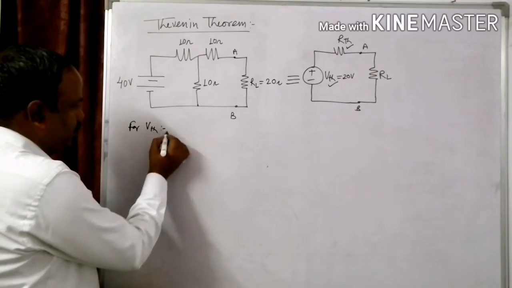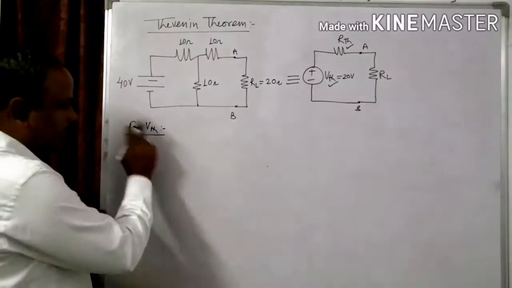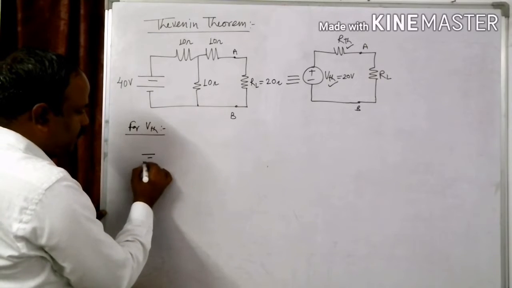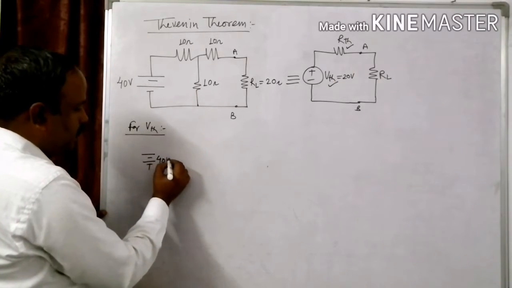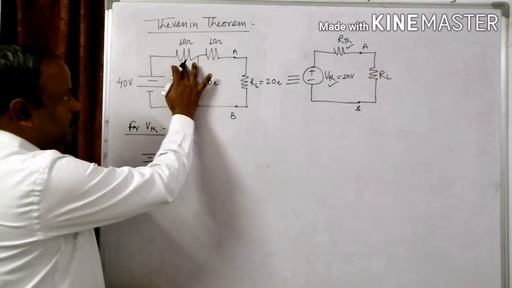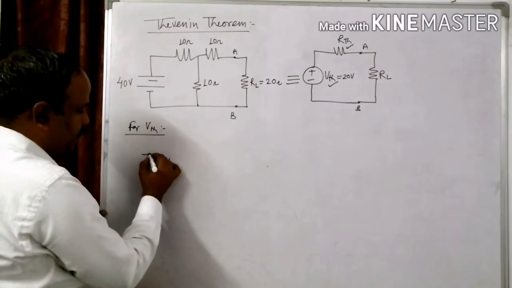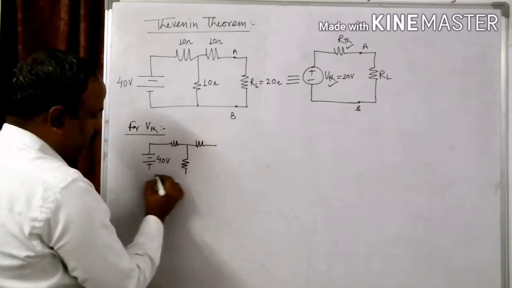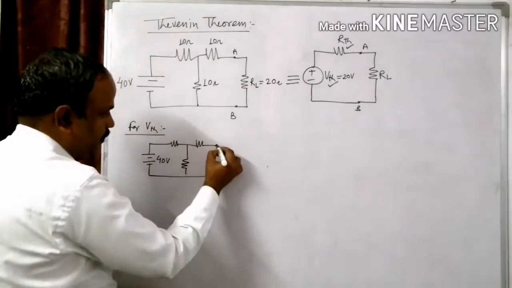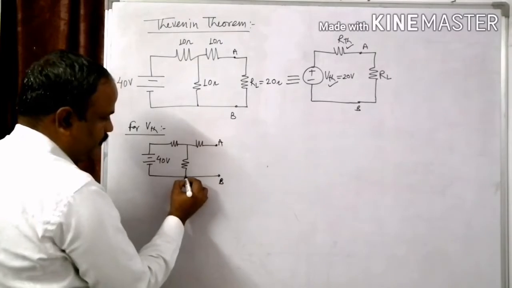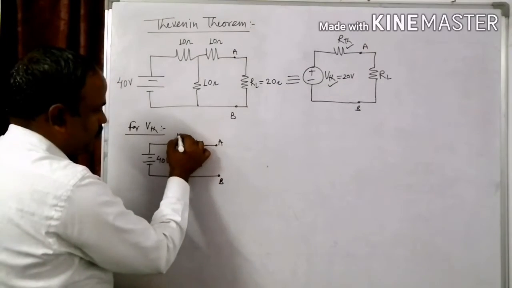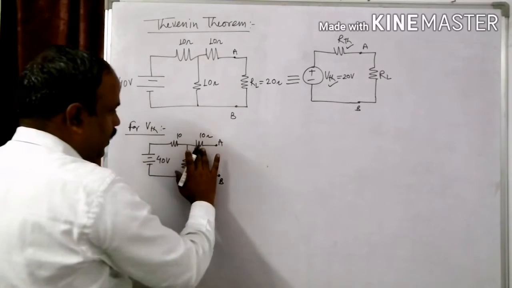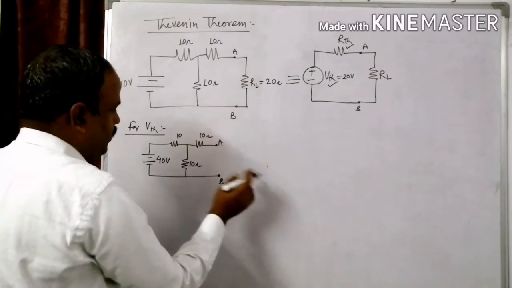For VTH, how can you calculate it? Draw a circuit containing a 40 volt source and resistances R1, R2 and R3. Clear? Okay. This 10 ohm is an open circuit, right?